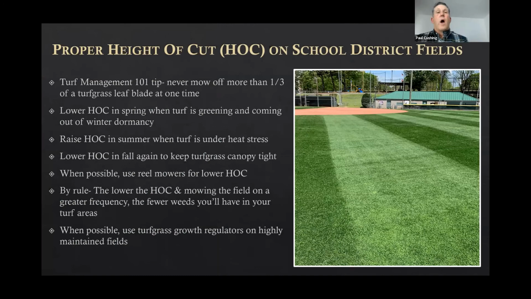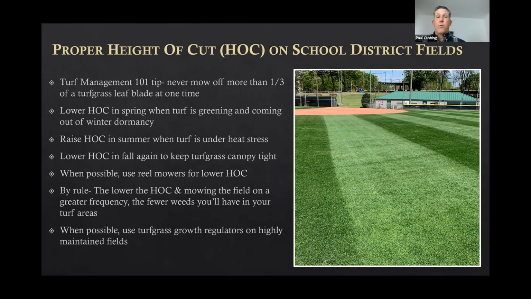So we've talked about proper height of cut on our fields. I see this more on school district fields more than anything: we never want to mow off more than 1/3 of the leaf blade at one time. I know when we're mowing weekly in the growing season, or every other week in the middle of summer, this is really hard.